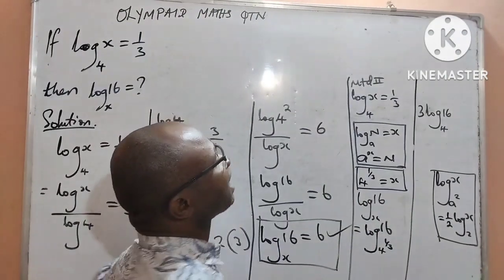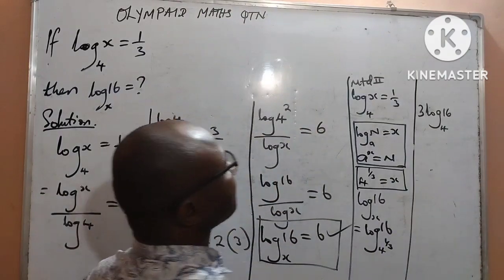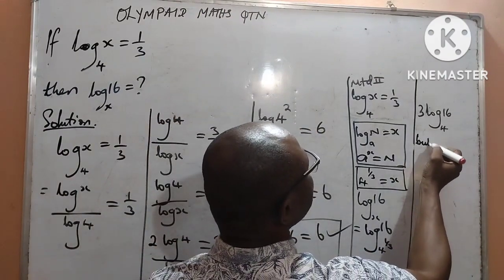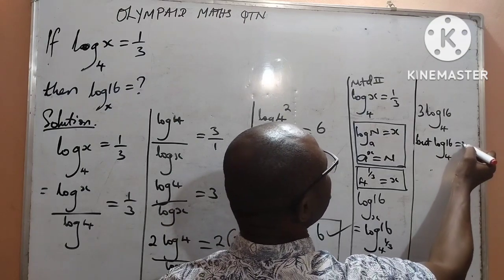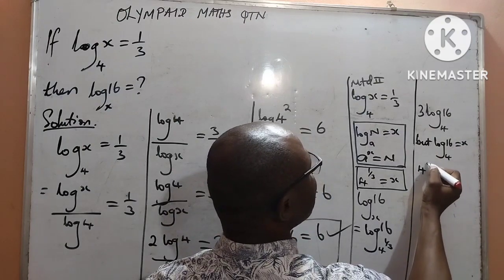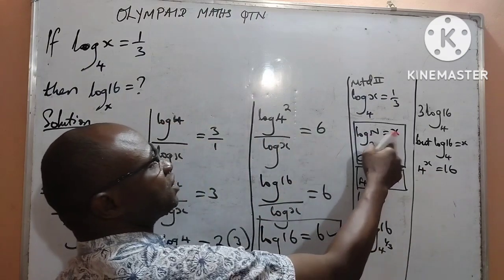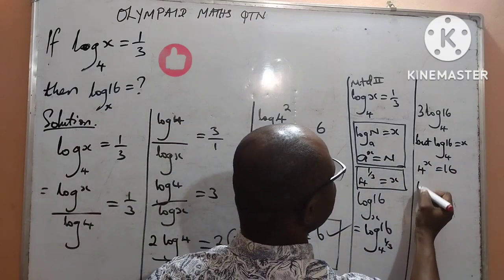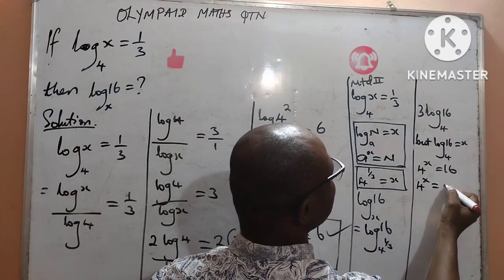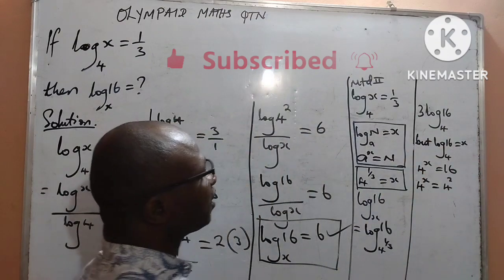But we know that log 16 base 4 is actually 2. Let log 16 base 4 be equal to x. Meaning that 4 raised to power x is equal to 16, by definition of logarithm, which I have explained here. So it implies that 4 raised to power x is equal to 4 raised to power 2, which is my 16 in index form to base 4.